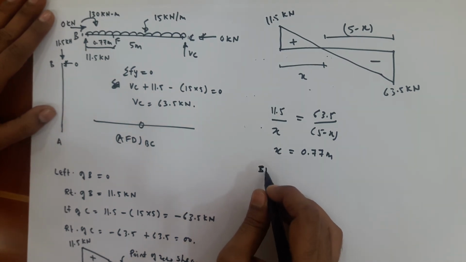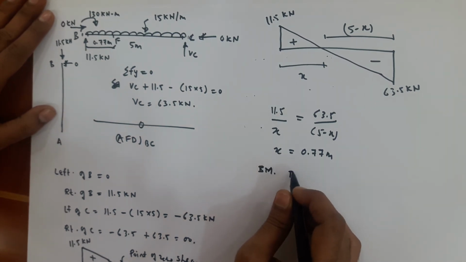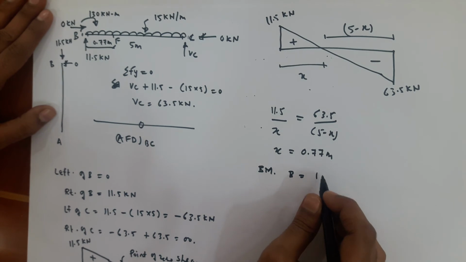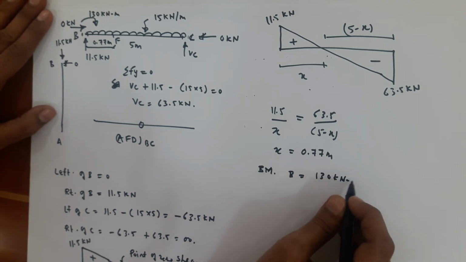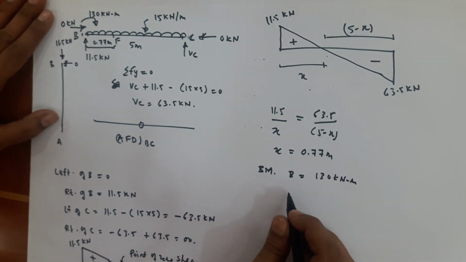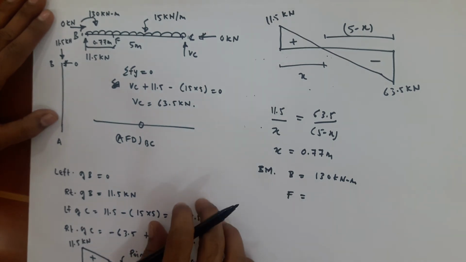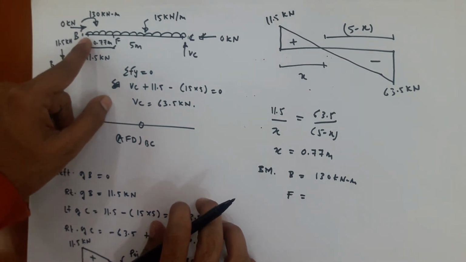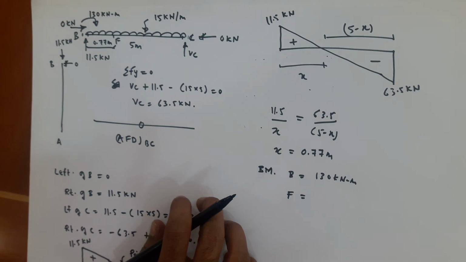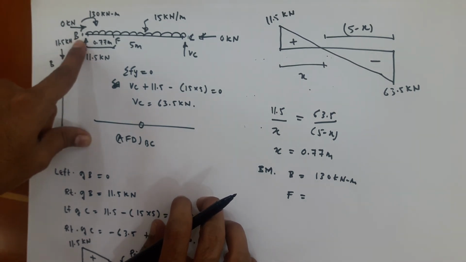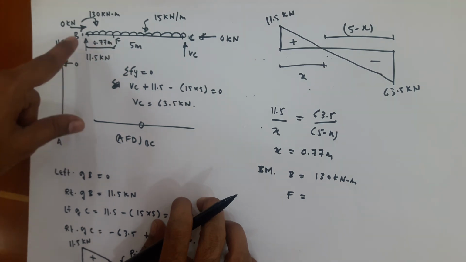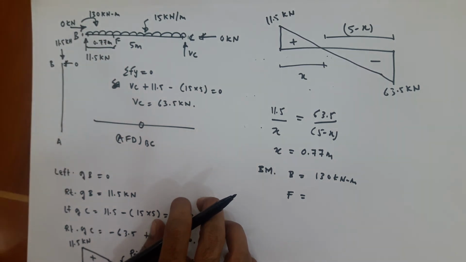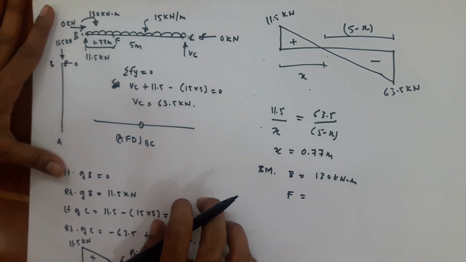Bending moment at B we have calculated as 130 kilonewton meter. Bending moment at F: you have to take all the forces and moments into consideration. You are traveling from B to F, following the direction left to right; clockwise will be positive, anti-clockwise will be negative.